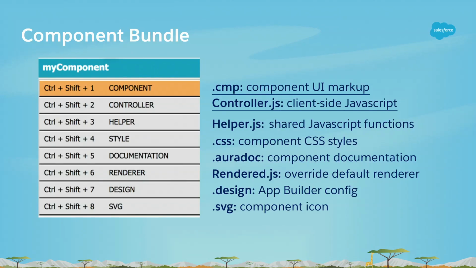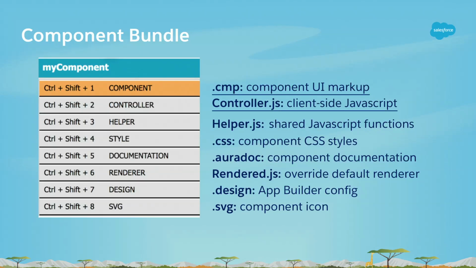We have a controller, which is client-side JavaScript and has the logic within it. We have other resources like helper, style, design, and SVG. Documentation can be written inside the bundle, where you can tell other developers how to make use of this lightning component. We also have another resource called SVG, which holds the icon for this lightning component.